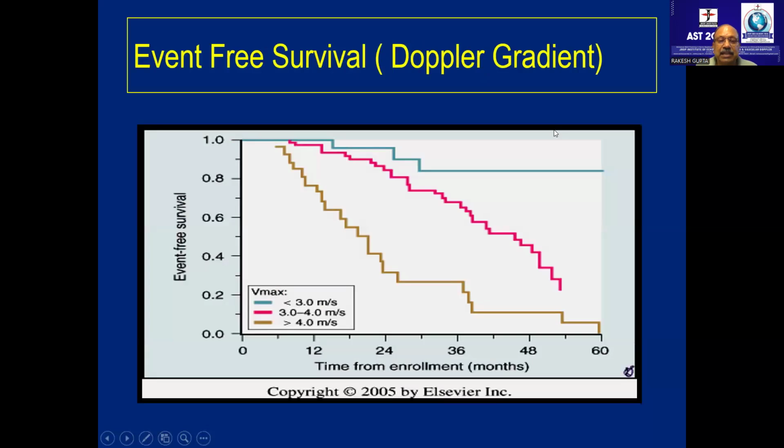Second thing is event-free survival secondary to Doppler gradients. The higher the Doppler gradients, the worse the scenario. Look at more than 4 meters per second. Look at the graph, 12 months. If I put this line over here, almost 40% of the people have gone. At 24 months, almost 70% are gone. At the end of 5 years, none is living.